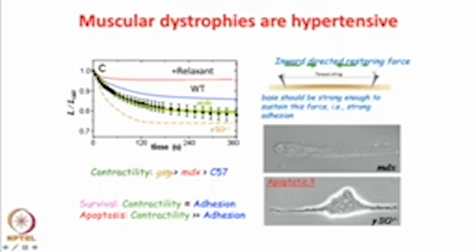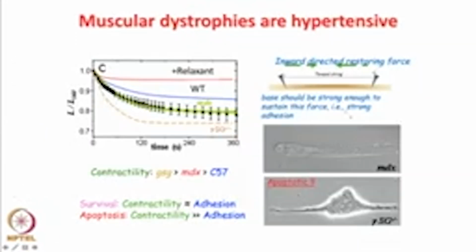In contrast, if contractility is way higher, the cell will pull on its substrate, and the substrate will be unable to resist those forces, leading to cell rounding, as you see in this phenotype here. This suggests that in apoptosis you have an imbalance, where contractility is so high that adhesions are not strong enough to sustain that pull.